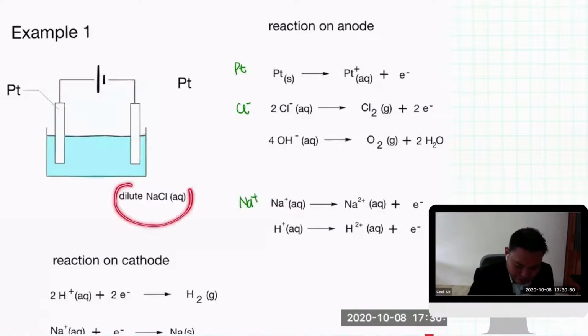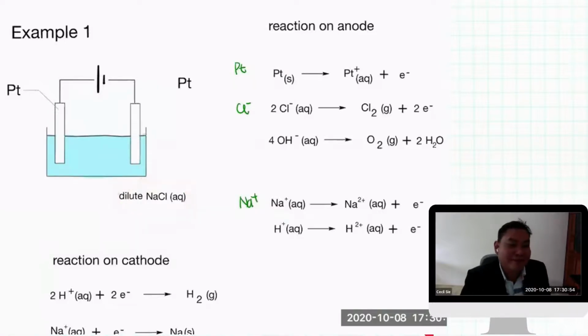Why? Because you have sodium chloride. Then the other 2, don't forget, is aqueous solution. So you have H plus and OH minus.